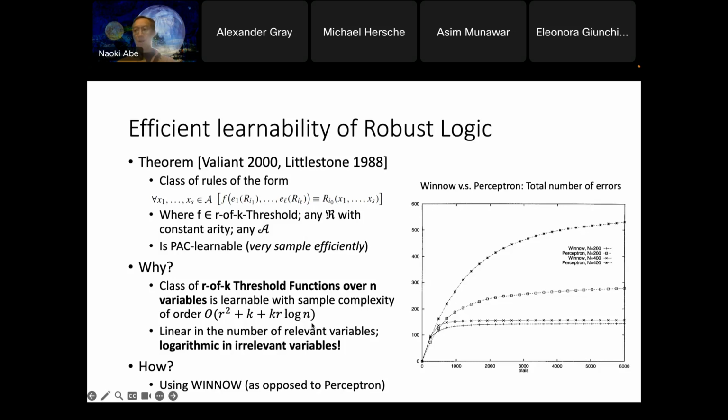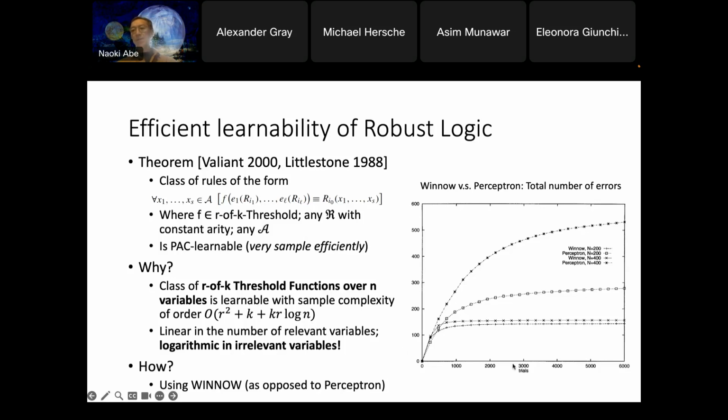And this contrasts starkly with similar algorithms for learning linear predictors like perceptron, where the dependency of sample complexity of perceptron is linear in n.